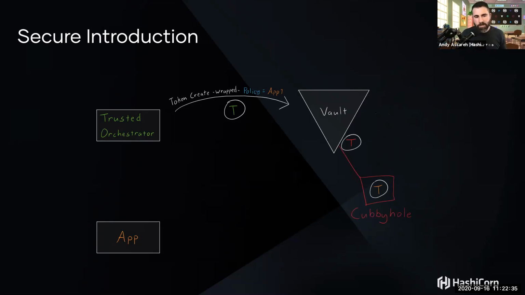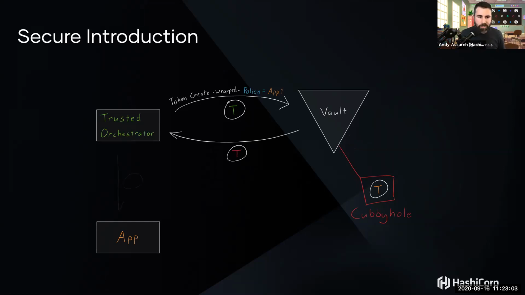Okay. So what Vault's going to do is generate the red wrapping token, and there's a concept of a cubbyhole. Cubbyhole is a special place in Vault that only the application is able to read, only the owner of that red wrapping token. So Vault generates the application's token, which is in orange, places that in the cubbyhole, and gives the wrapping token back to the orchestrator.